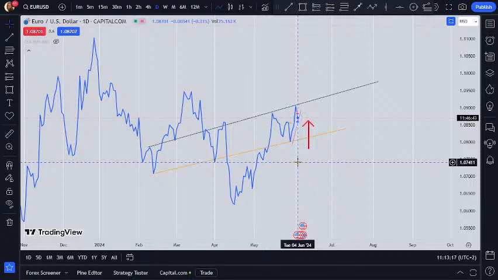So that's the important part of using a fixed risk reward ratio. Maybe if I lose, I win the next trade. If I win the next two trades, I'll be in profit. So that's the important part.